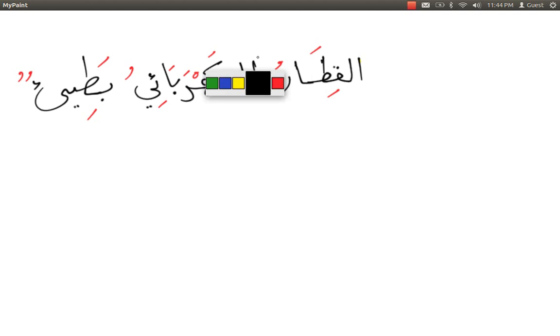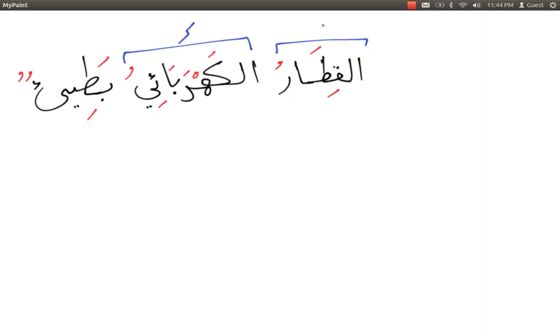Okay, word by word. The word قطار means train. Of course, with L it becomes the train. Okay. The word كهربائي means electric. And the word بطيء means slow.